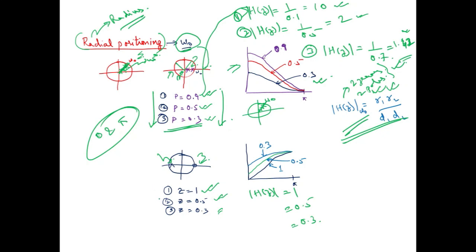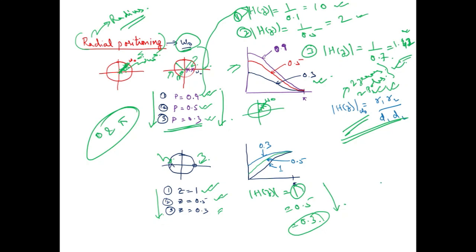Similarly, in the case of the zeros, as the distance increases, what is happening? Your suppression component initially has higher amplitude, and slowly as you move away, the amplitude values decrease.